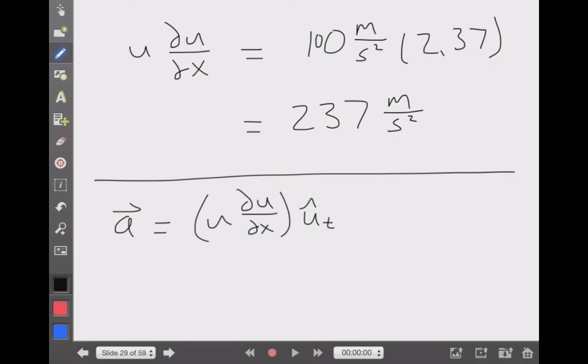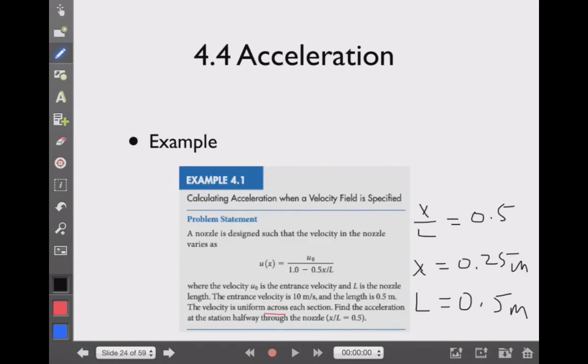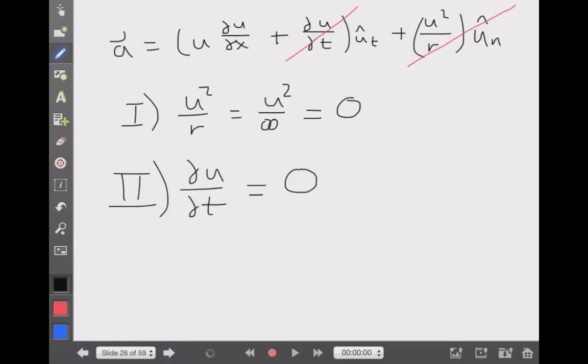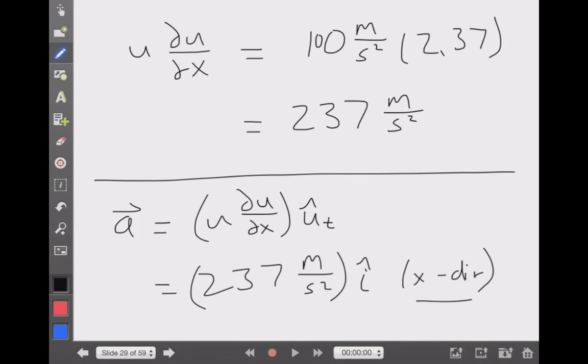The u hat direction, if we look back at the original, is in the x direction. So this is going to equal 237 meters per second squared in the i hat, or the x direction. Okay, so that is the acceleration.